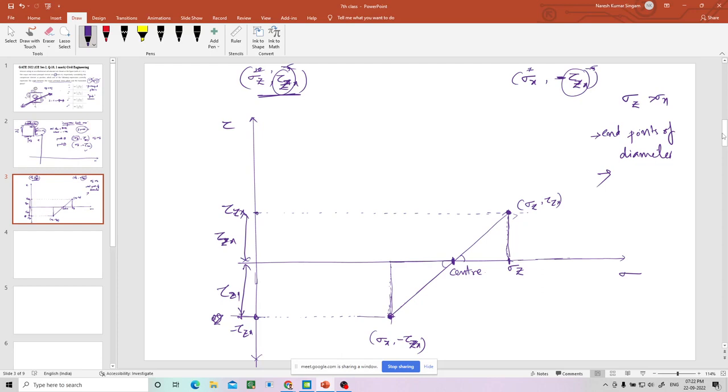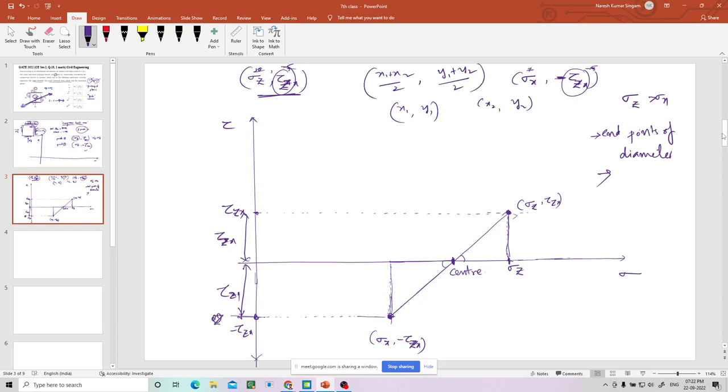It is just the midpoint of 2 points, suppose x1 comma y1 and x2 comma y2. What is the midpoint? x1 plus x2 by 2, y1 plus y2 by 2, right?